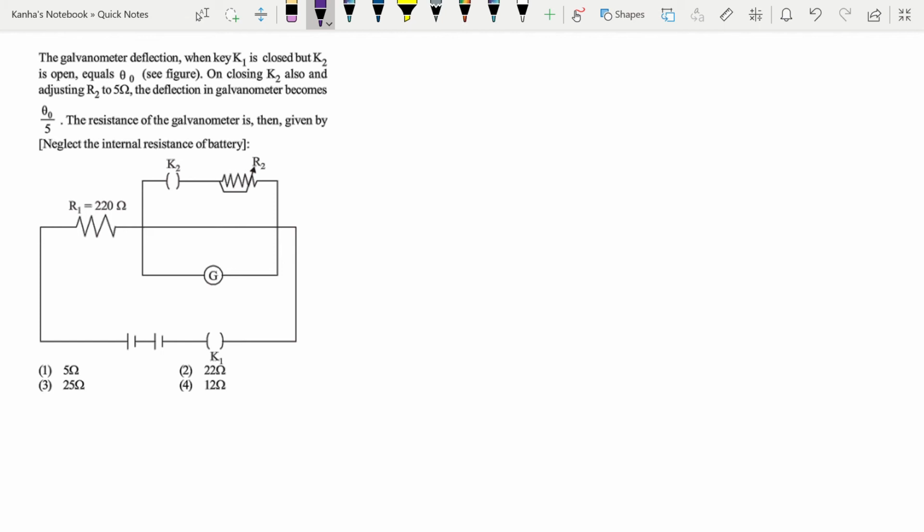First of all, they've given you that key 1 is closed and key 2 is open. So my first case is K1 closed plus K2 open. Here, what is the current that is flowing through the galvanometer?